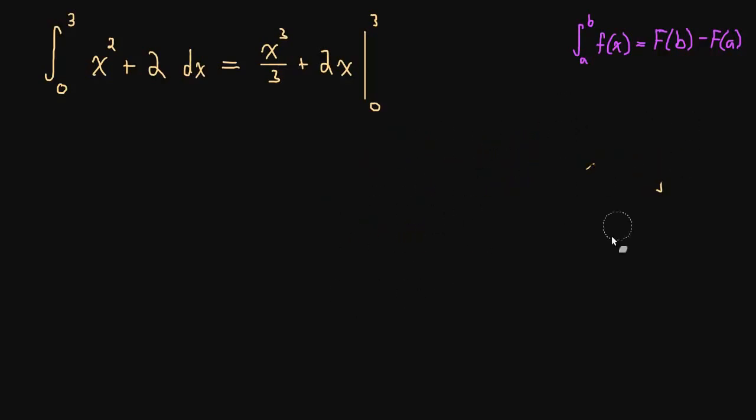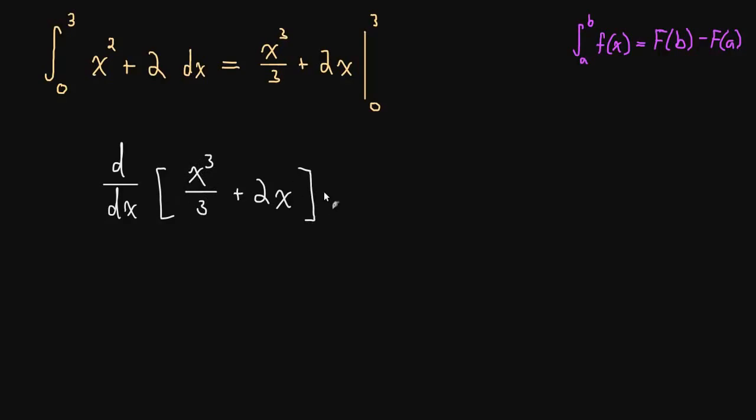So in other words, let me show you what I mean. If we were going to do this in reverse, if we were going to take the derivative of x cubed over 3 plus 2x, we would just take the derivative of x cubed over 3 first.